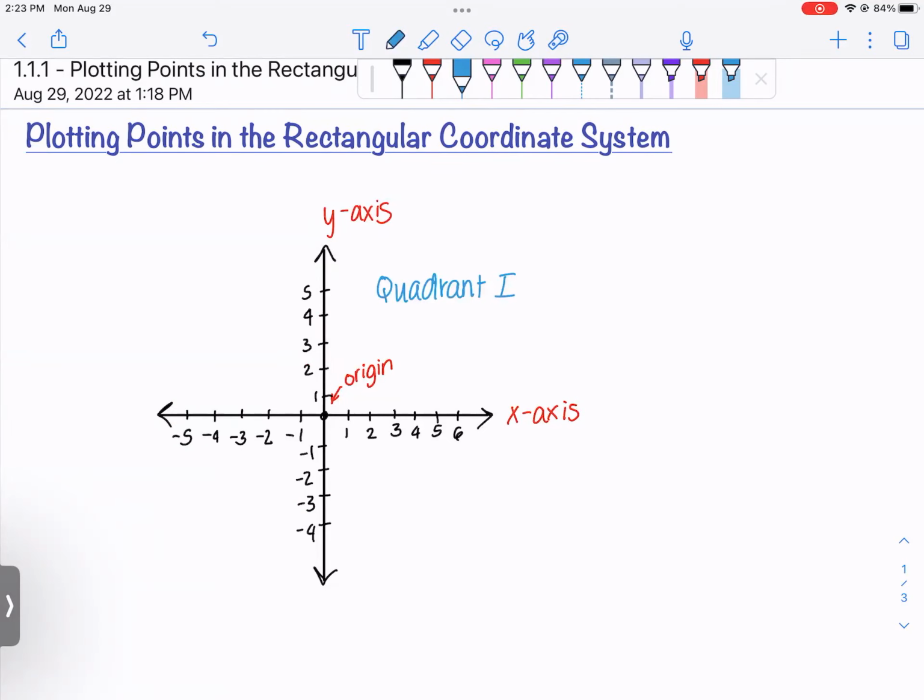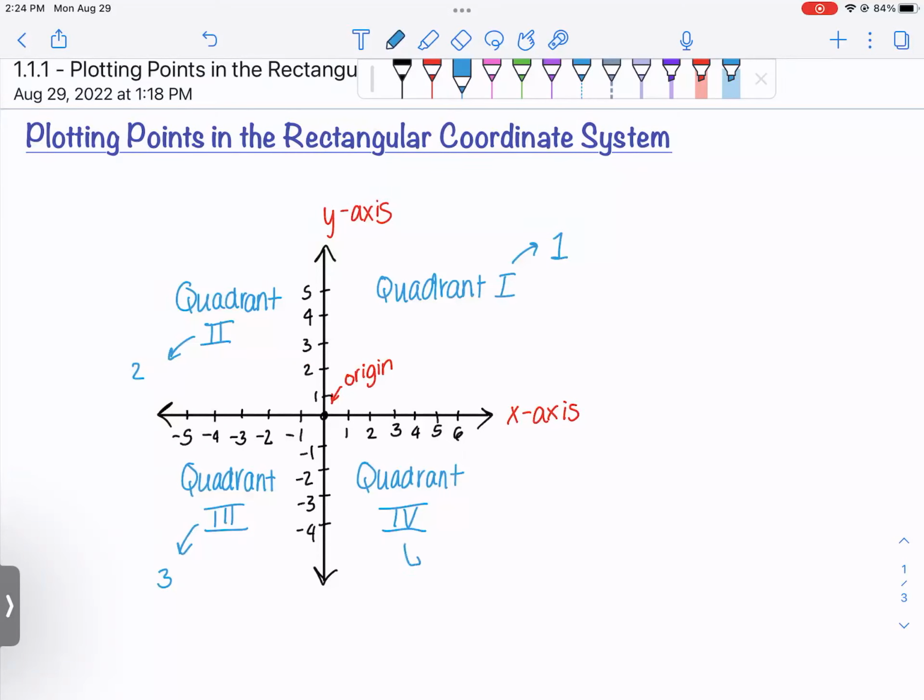If you are unfamiliar with Roman numerals, this is number 1. This is number 2. This is number 3. And this is number 4.